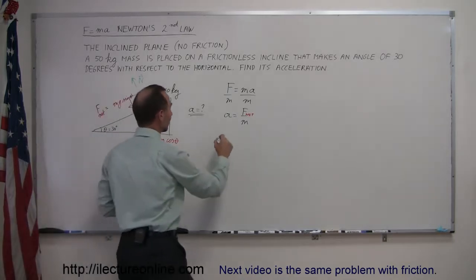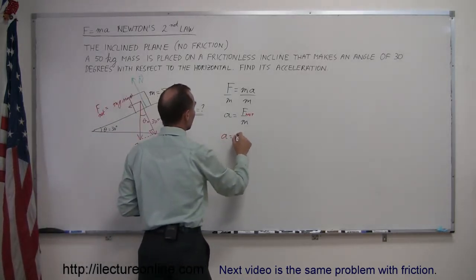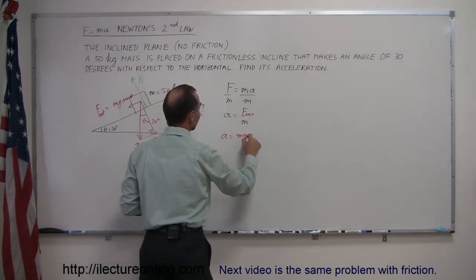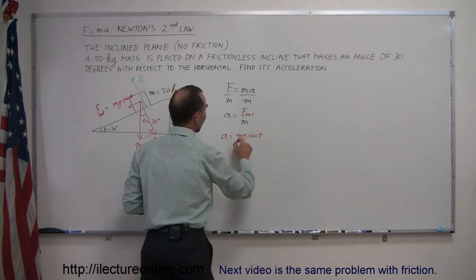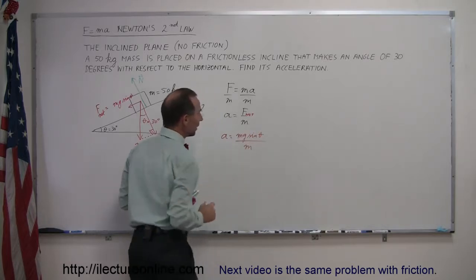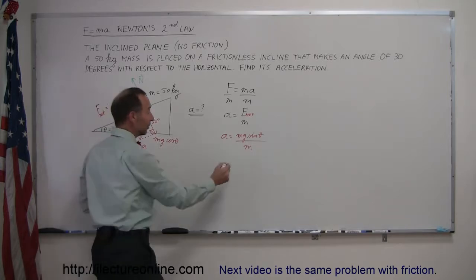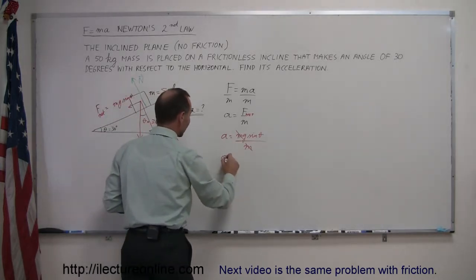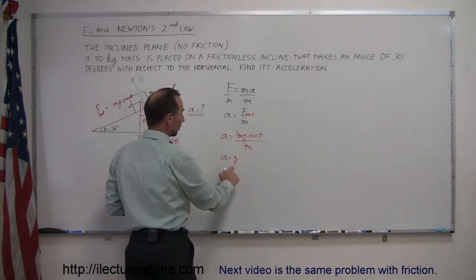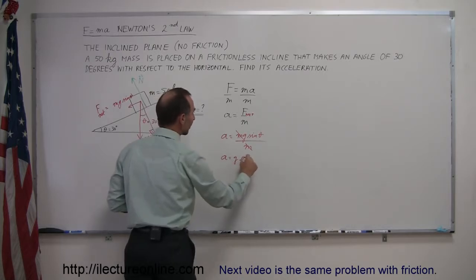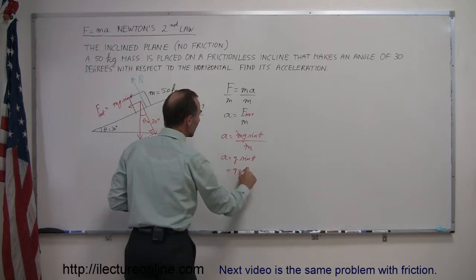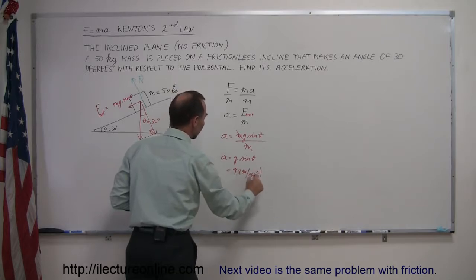So we can now say that the acceleration a is equal to the net force, which is mg times the sine of theta, divided by the mass of the object m. Notice that the masses cancel out. So a is equal to g, the acceleration due to gravity, times the sine of the angle theta. g is 9.8 meters per second squared.